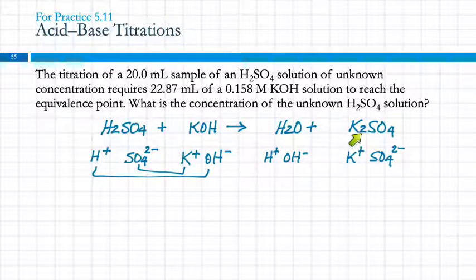This potassium, I've got 2 potassiums here and only 1 over there. So I'll need to put a 2 in front of the KOH. And then let's check the hydrogens out. I've got 2 hydrogens here, and I've got 2 here, and only 2 there. So I need 2 plus 2, I need 4. So if I put a 2 there, and then that also takes care of the rest of the oxygens.